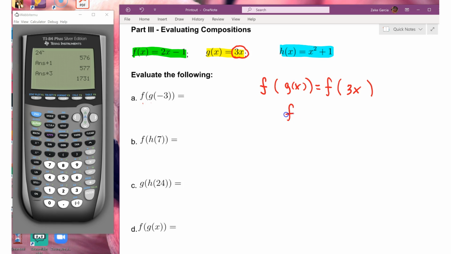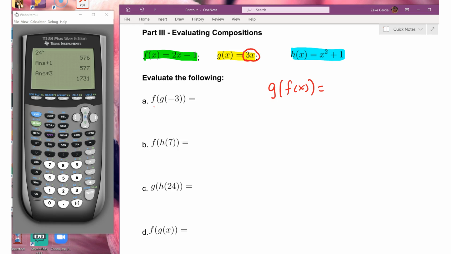So f of 3x equals, and we're looking at f, 2 times the parentheses minus 1. So you're going to write 3x. 2 times 3x gives you 6x minus 1. So now we can conclude that f of g of x is equal to 6x minus 1.